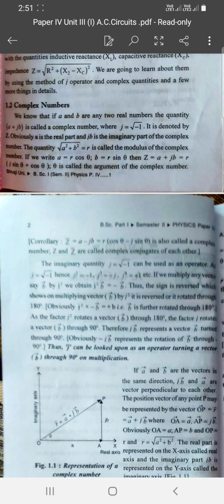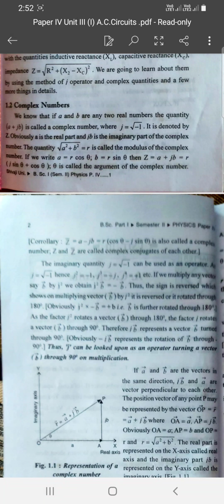It means that in order to represent a complex number, we need a representation of imaginary and real numbers. The imaginary number is represented along the y-axis and the real part of the expression is represented along the x-axis. Therefore, this graphical presentation relates imaginary, complex and real numbers.